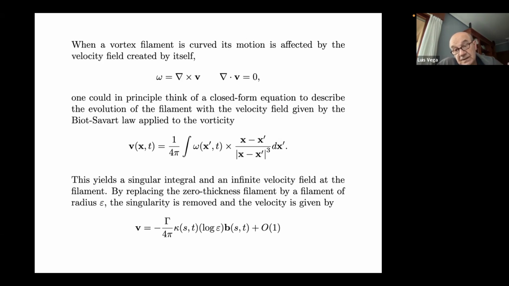So you have to go to the next order, which would be like the kernel will be like the inverse of the distance. So you don't have a symmetry such that you can define the integral as a principal value. Then a log will appear.